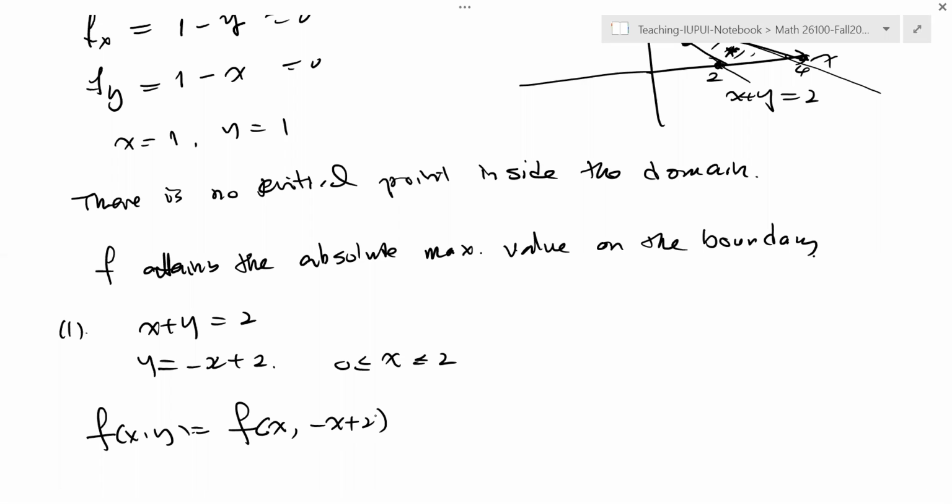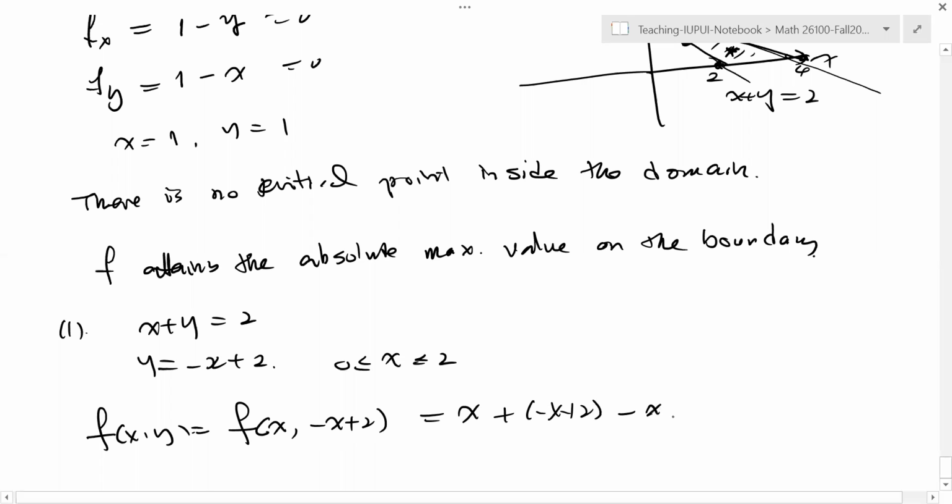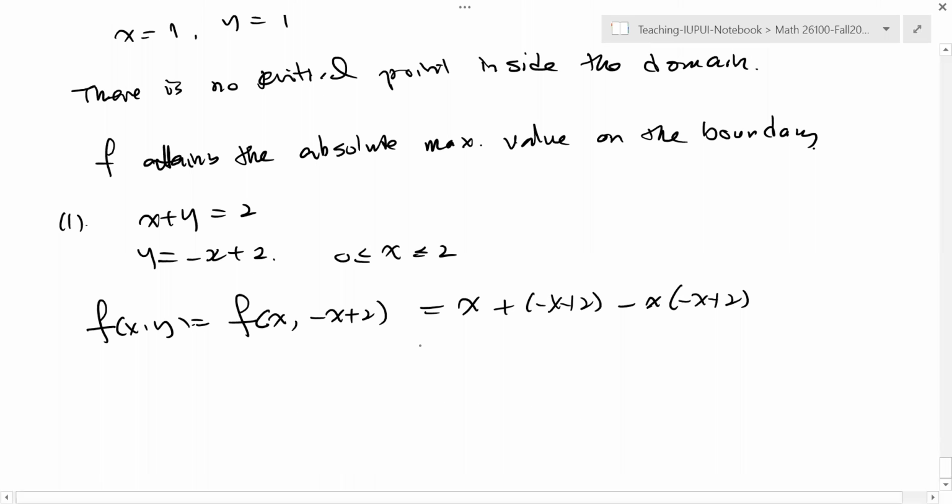So our function here is x plus (negative x plus 2) minus x times (negative x plus 2). Let's simplify this. X plus negative x, that's 2. You multiply this out, you get x squared minus 2x.